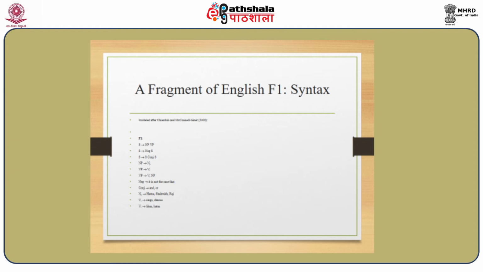A second point to note is that the conjunction words "and" and "or" are independent lexical items in English, and in many other languages of the world. This includes, for example, the Indo-Aryan languages spoken in northern and central India. However, these notions are expressed differently in many languages.